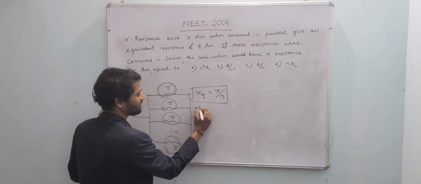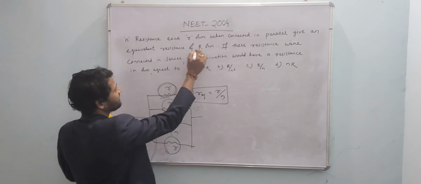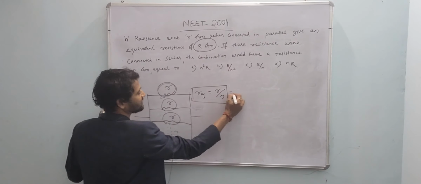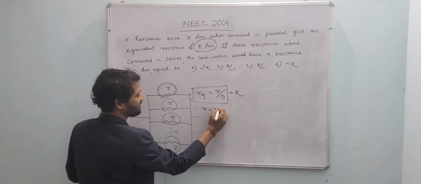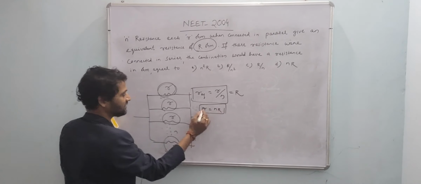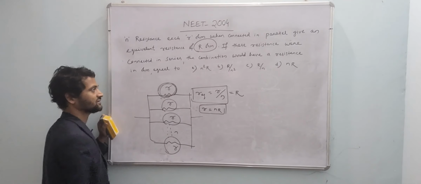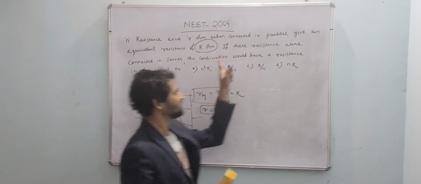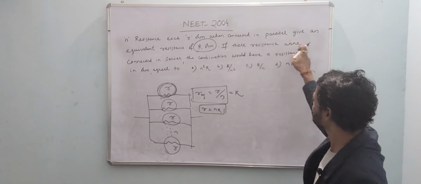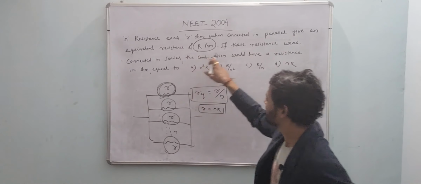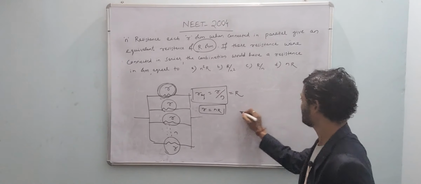So from here, as per the question, the equivalent resistance is given as R ohm. So it is given R. So what is smaller r? It will be N into capital R. So we get the value of each resistance. Now in the second part it says, if these resistances were connected in series, then what is the effective resistance?